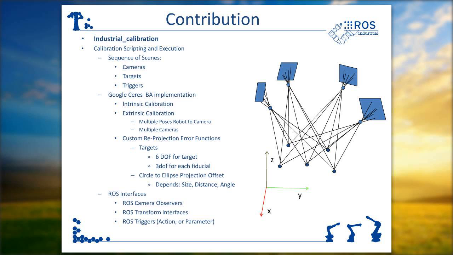So a 10 by 10 circle grid has 100 fiducials, but then it has 306 parameters. What this allows us to do is to actually calibrate the target itself and determine things like the printing errors and the out-of-planar nature of the target, so that we'll get better intrinsic calibration of the camera ultimately.